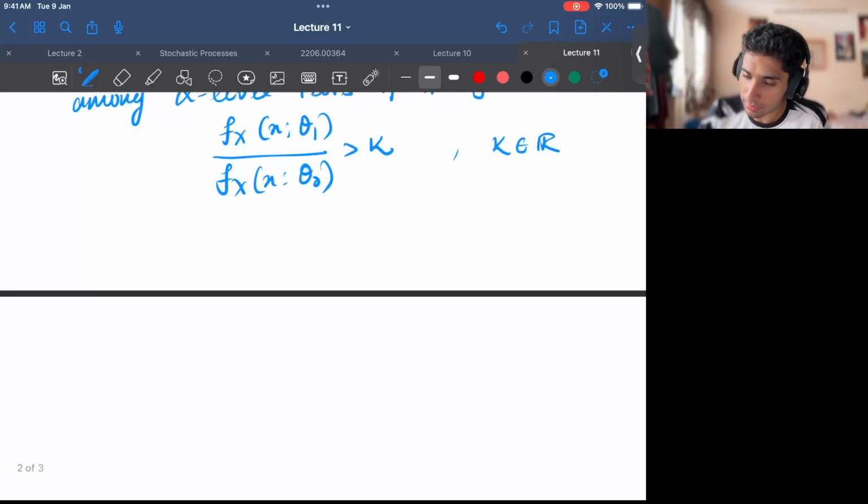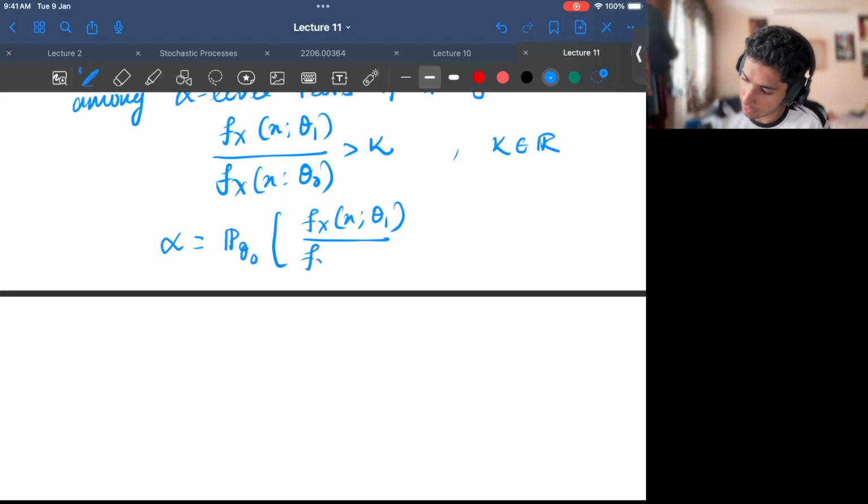And what is this kappa? Kappa is basically this thing. So alpha is a probability under theta naught that f of x, theta 1 by f of x, theta naught is greater than kappa.